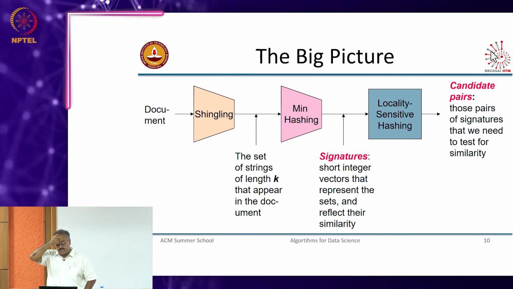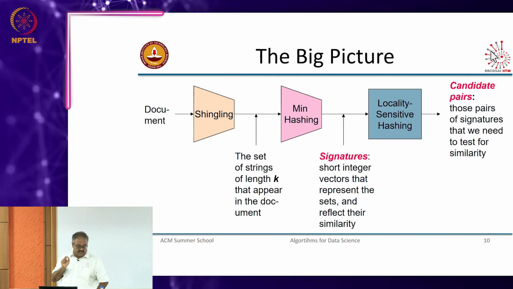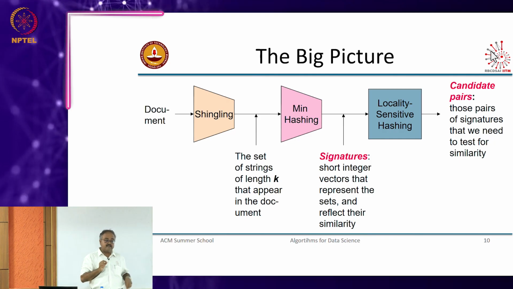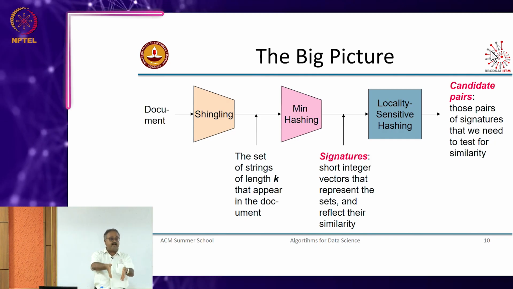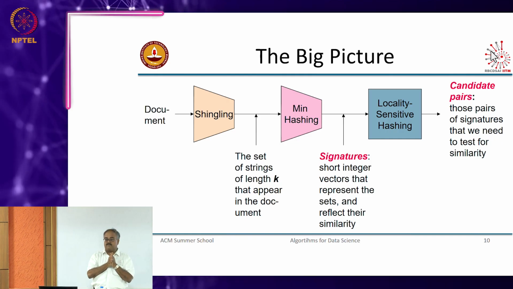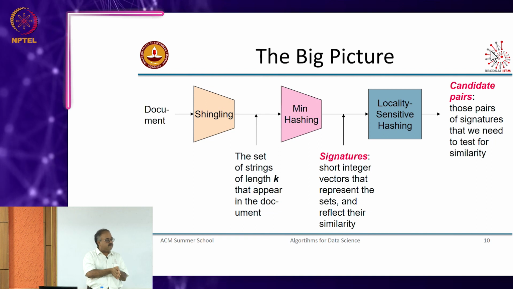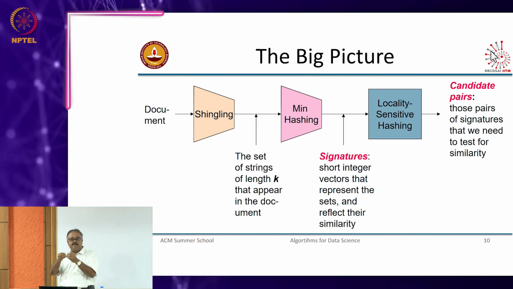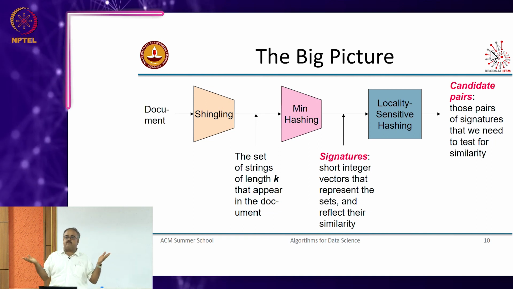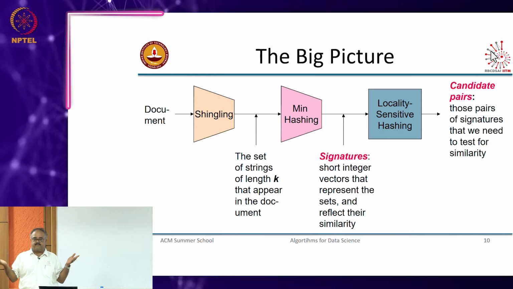So the thing with the way we are going to do this is that what I return to you could have a lot of false positives. I might return pairs of documents which are not similar, but it will be a much smaller fraction than the n squared pairs that I would have to check.